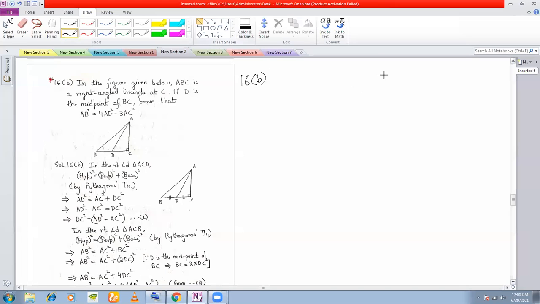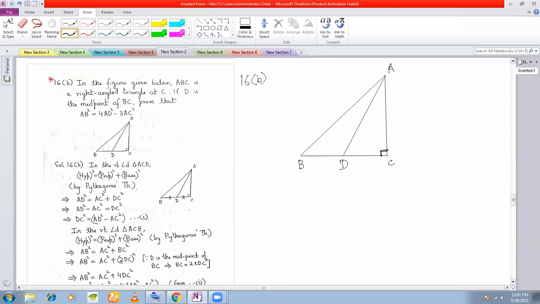Let's draw the figure. A, B, D, and C. This is the figure that is given to you. If you read the question, it states in the figure ABC is a right angle triangle at C. Okay, fine. This is given.